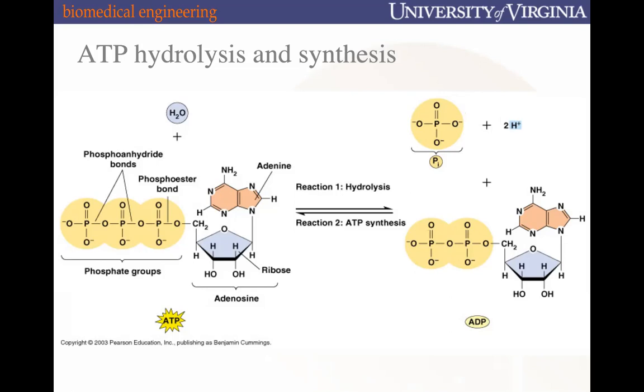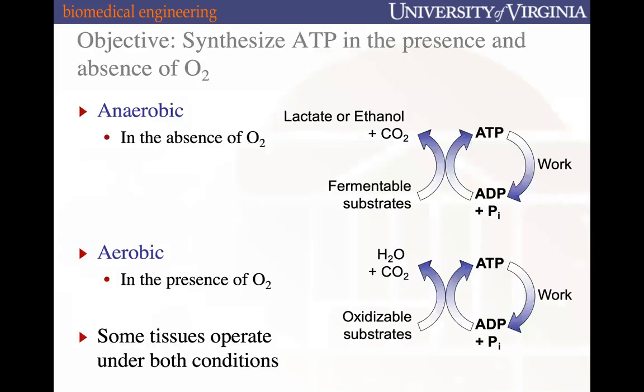We've talked about how ATP is used, but now we're going to focus on how ATP is produced. The synthesis of ATP is incredibly important, and it happens across different environments and different contexts.